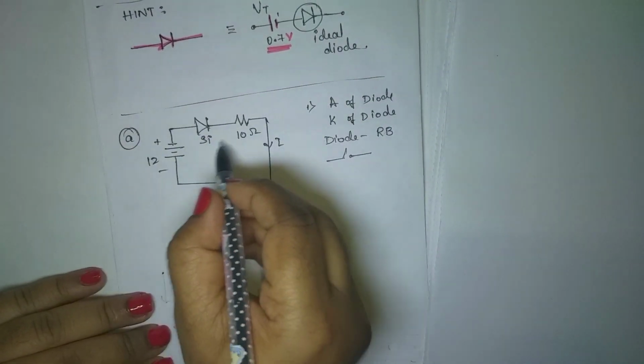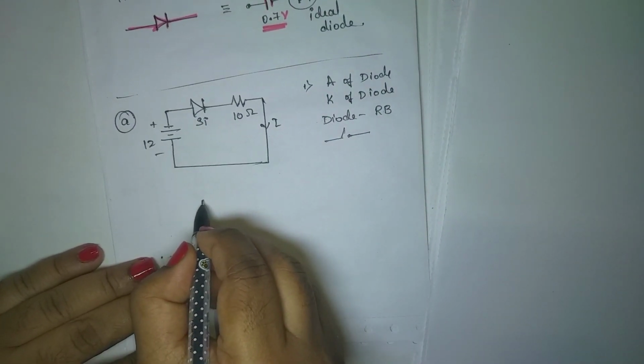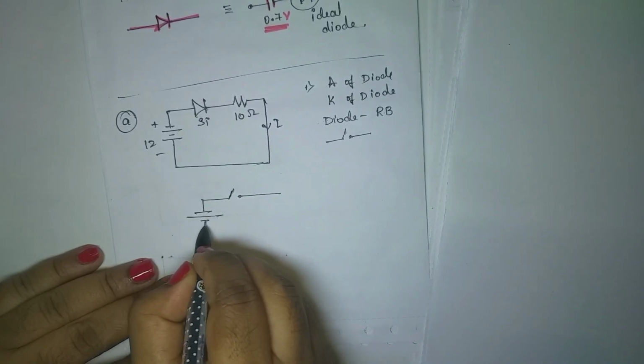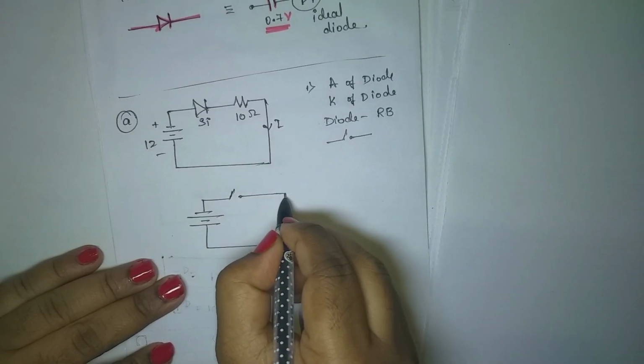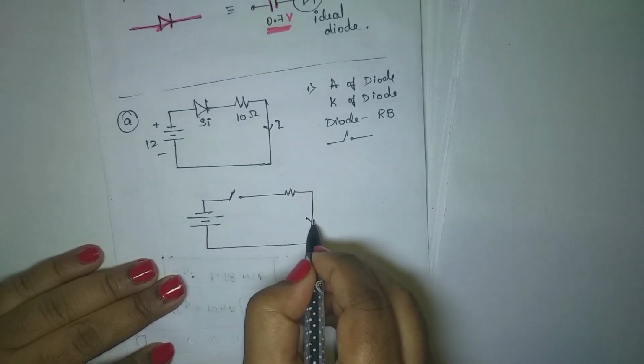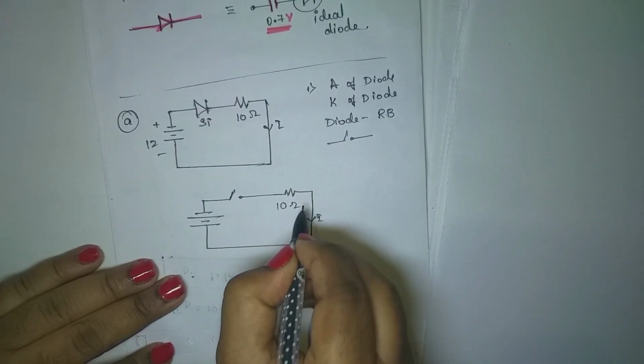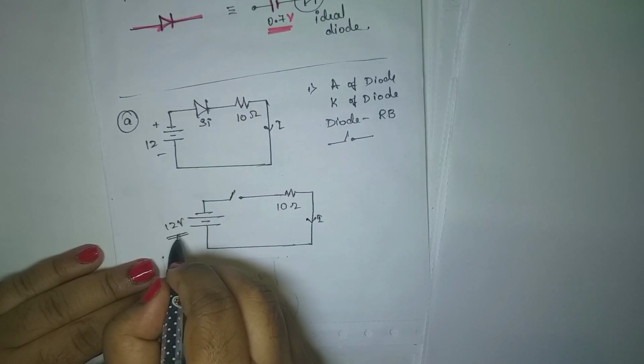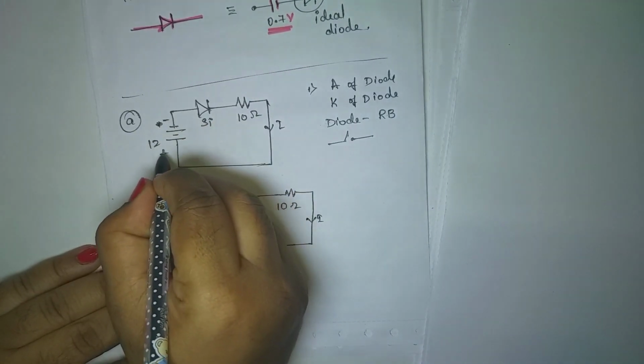Now the complete circuit I can write as: the silicon diode is open, with the DC source and a resistor, and the current flowing here. Here it is minus and here it is plus.